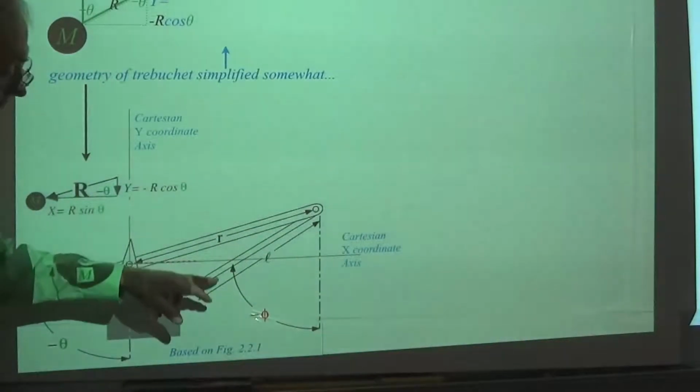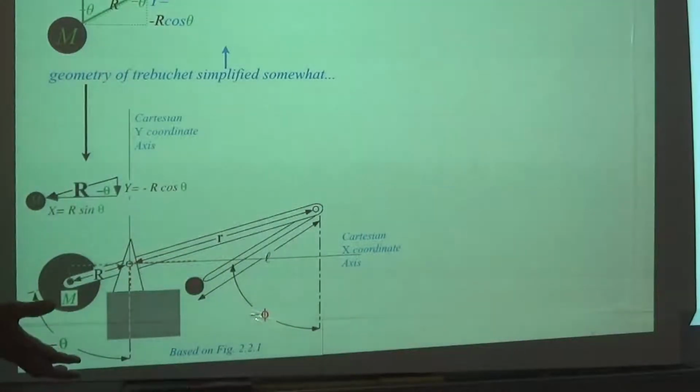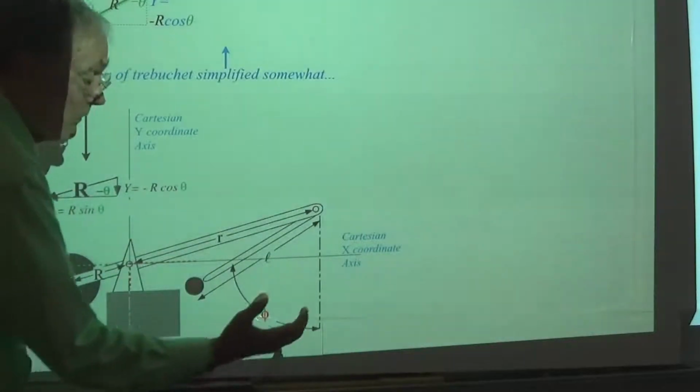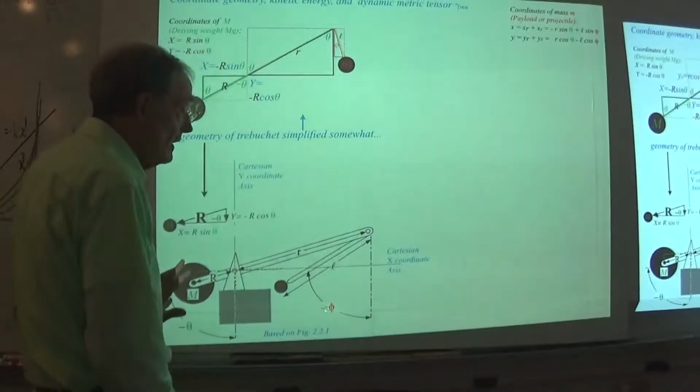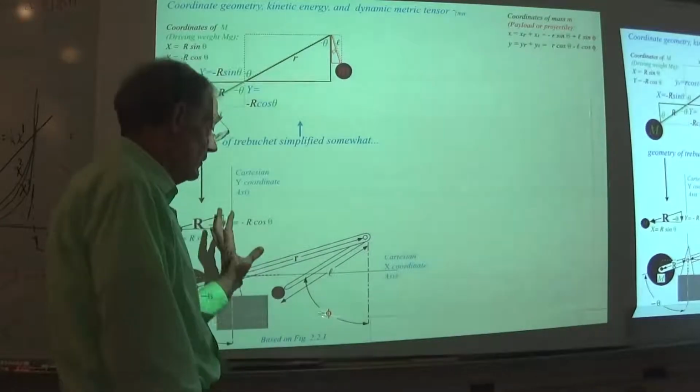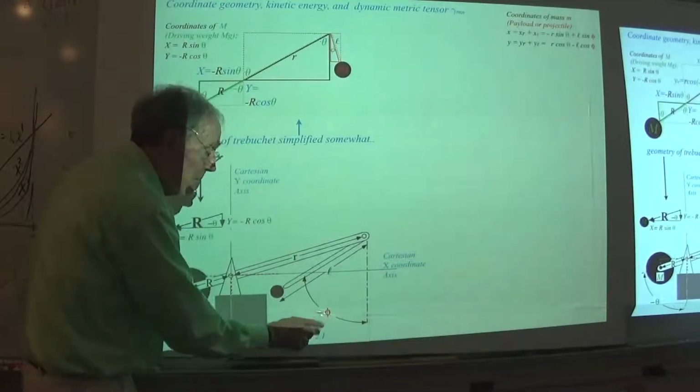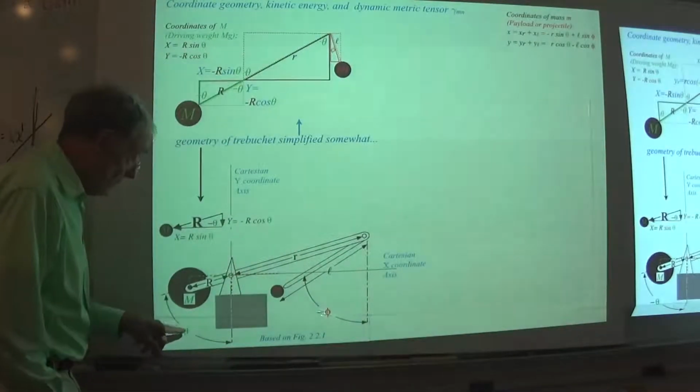And we're going to use the idea that right-handed is positive, looking at the trebuchet from this side, and left-handed is negative, so I'm going to start with a minus sign on both of these angles.